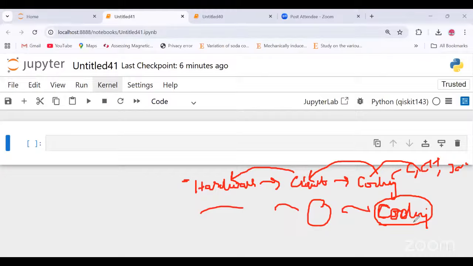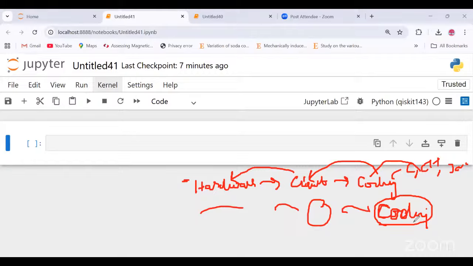For the quantum we need some additional things to perform the circuit and simulation, and IBM has made a library for that. That library environment is Qiskit, and Qiskit basically runs on Python.